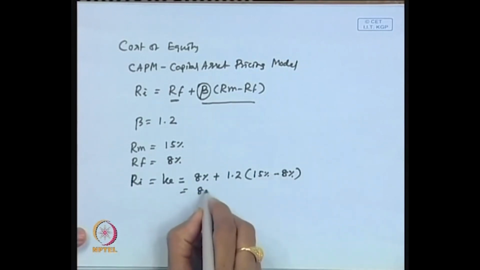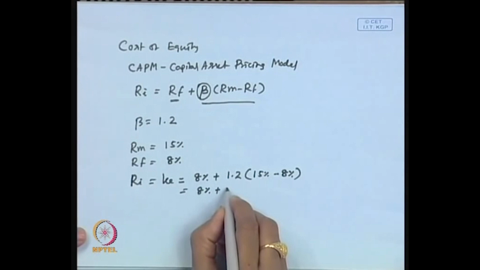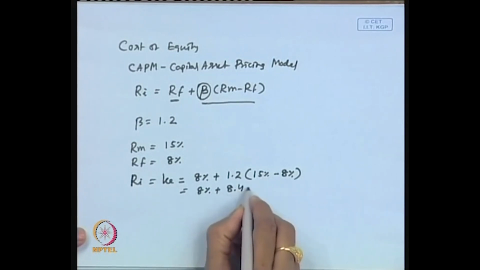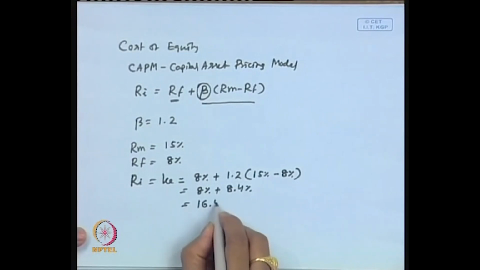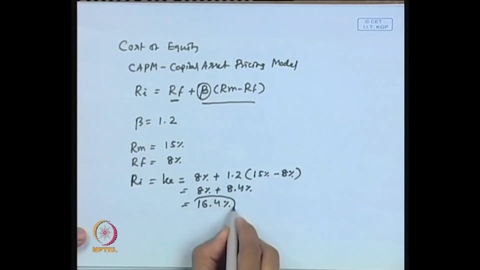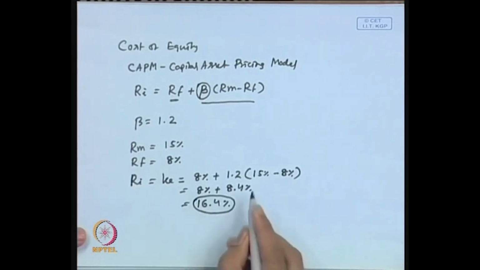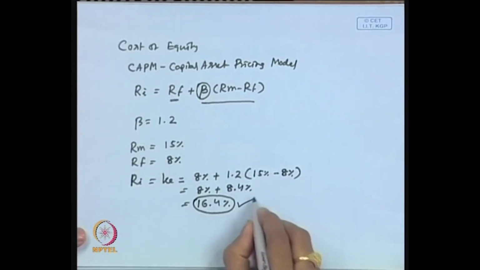So, that gives us 8% plus 8.4%, which gives us 16.4%.